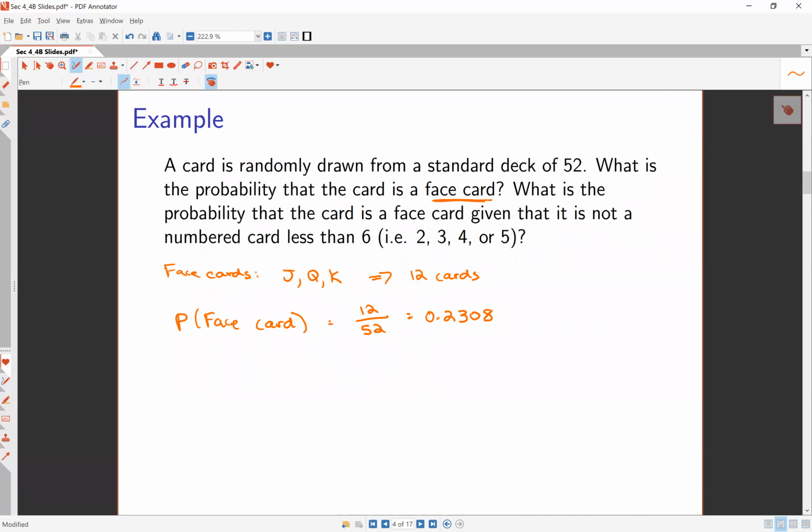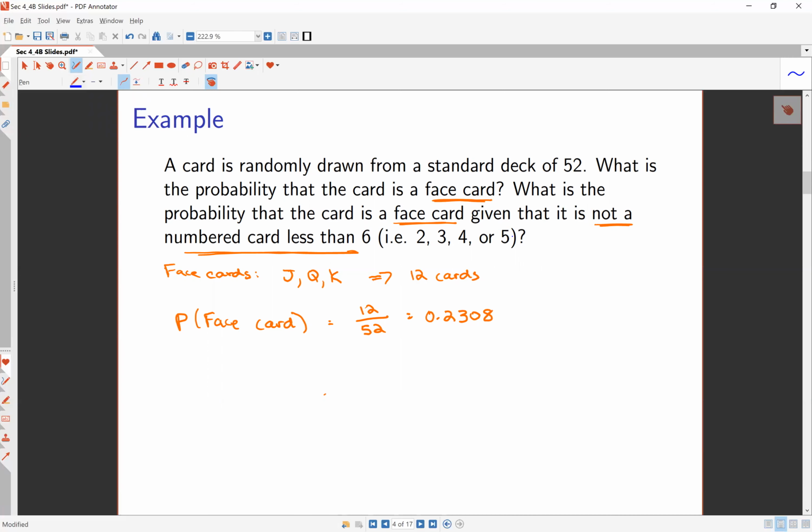Now, let's stay with this probability, calculating the probability of a face card, but I draw a card and someone looks at it. They're not telling me what it is, but they're telling me that the card is not a numbered card less than 6. So they are telling me it's not a 2, 3, 4, or 5.